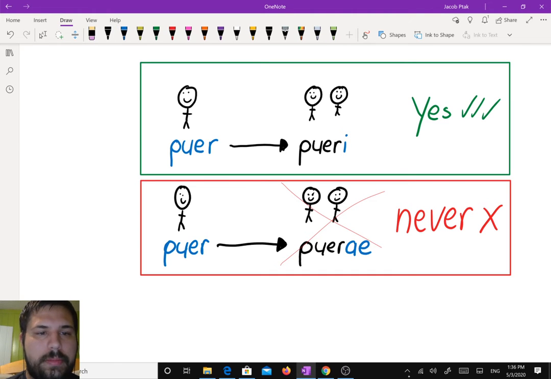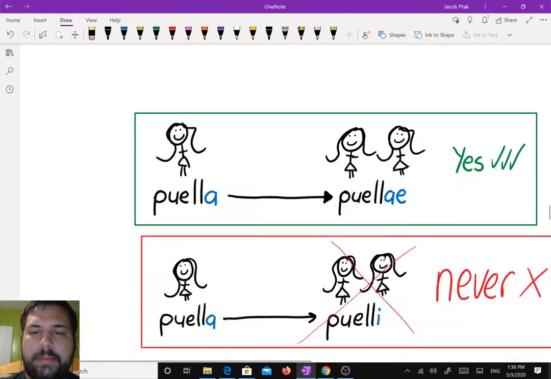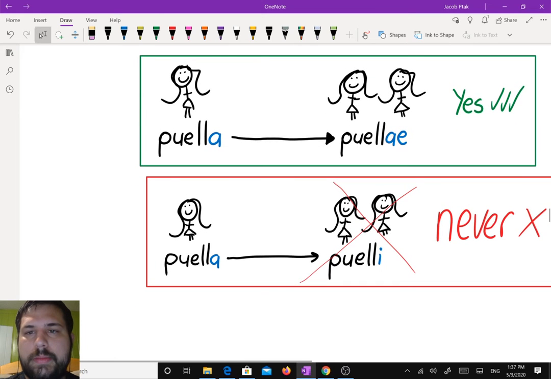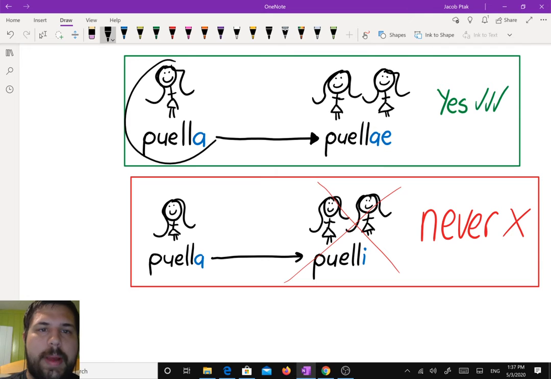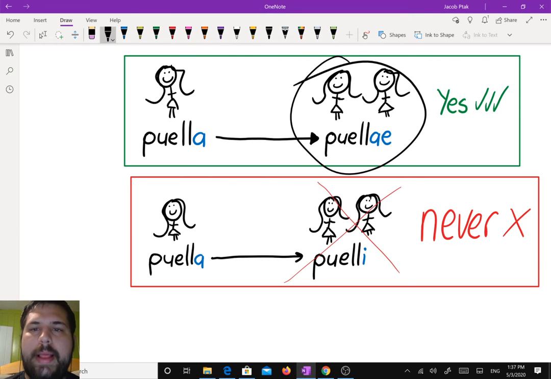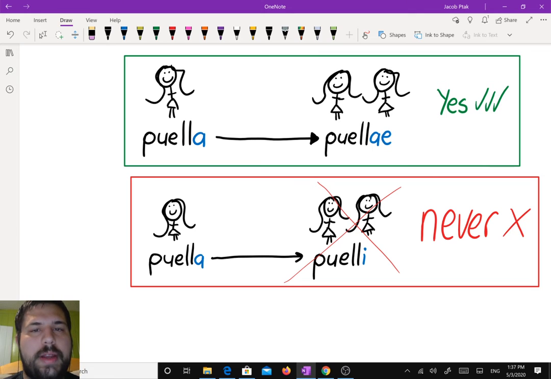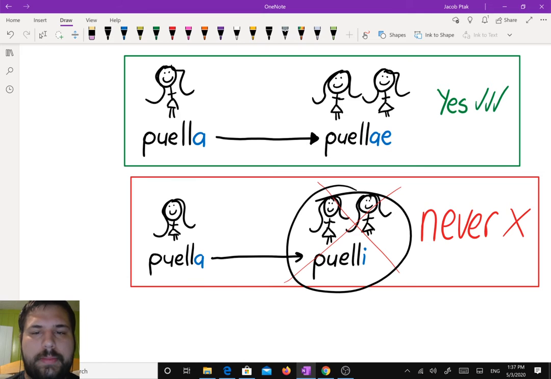That's wrong. In the same way, we already saw this. The right way to do girl and girls. We saw puella. Add the letter E. Puellae. That's the right way to do it. But don't ever mix it up with the wrong way to do it, which is puella, puelli.